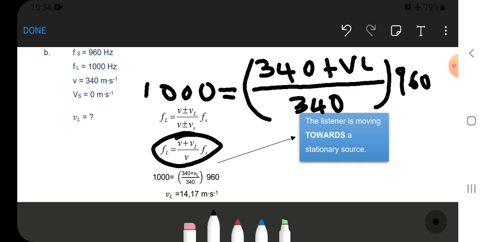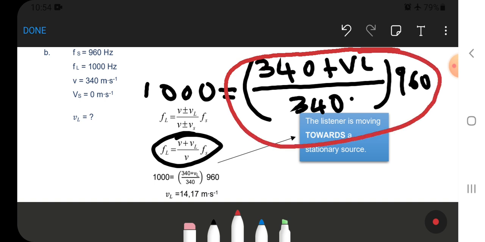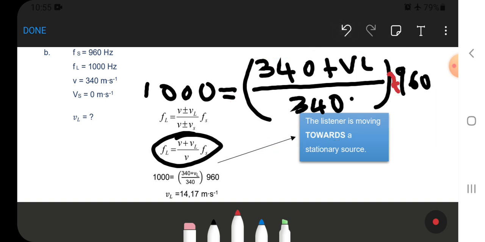Whenever you want to get rid of the denominator, you multiply by it. Whenever we are multiplying, just know that we have one term. But if we were adding, it would be a term and a term, so we would have two terms. Because we're multiplying or dividing, we have one term.